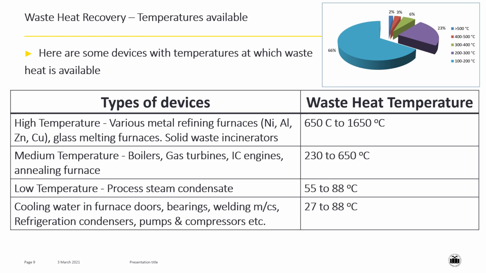Some low temperature devices include process steam condensate available at 55 to 88 degrees centigrade, cooling water in furnace doors, bearings, welding machines, cooling of these, refrigeration condensers, pumps and compressors. They all have potential of 27 to 88 degrees centigrade.